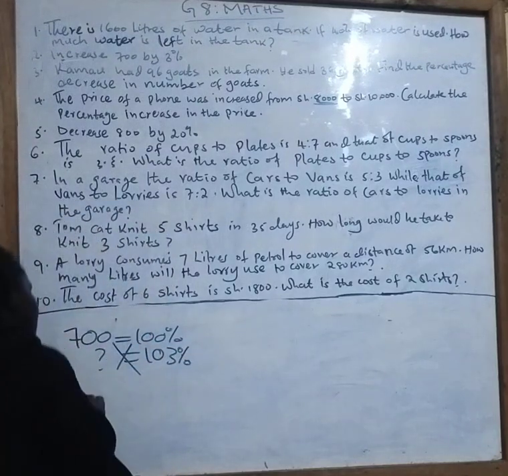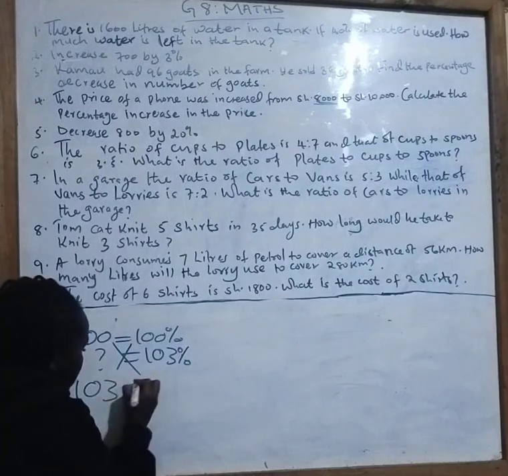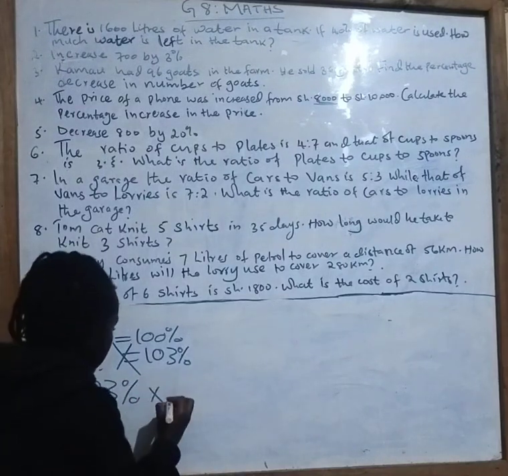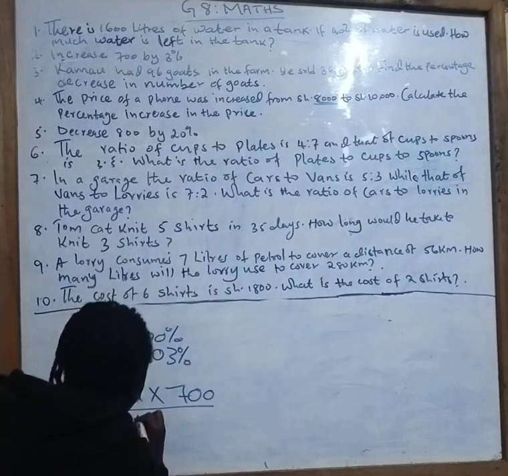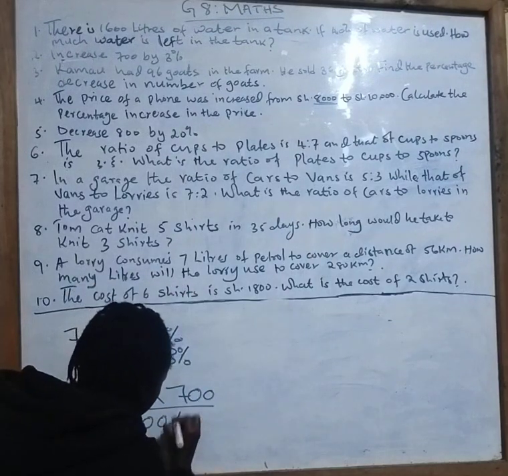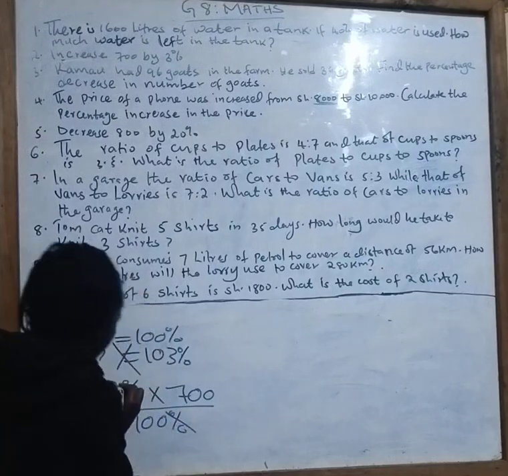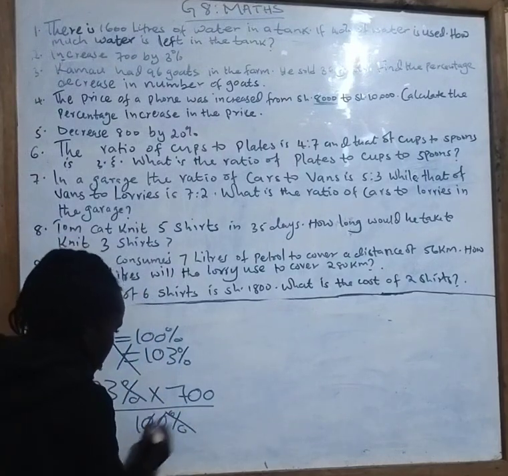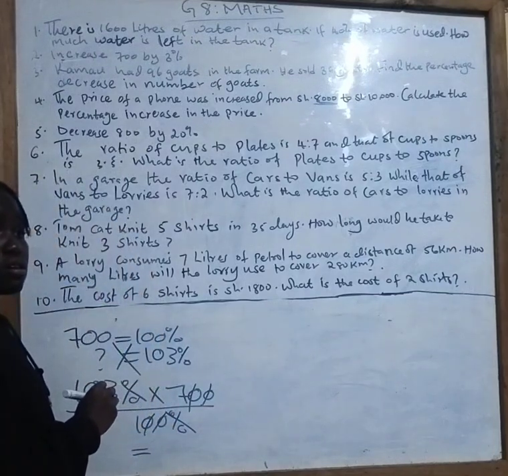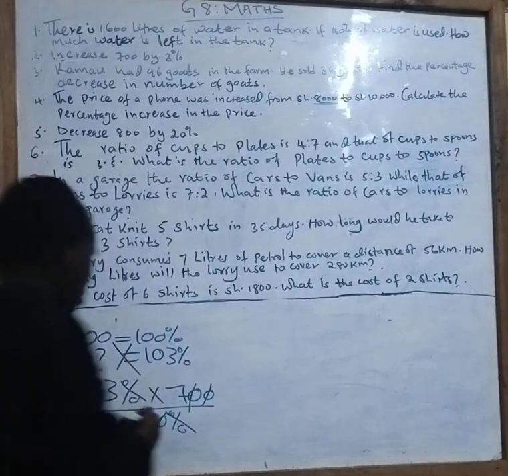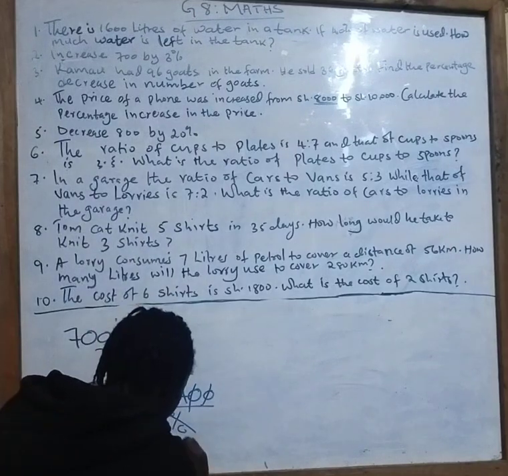You will construct like 103% times 700 over 100%. Percent and percent. The answer is 721.